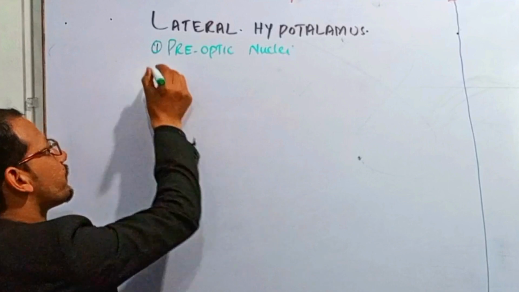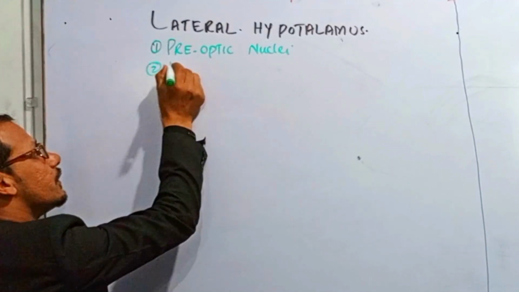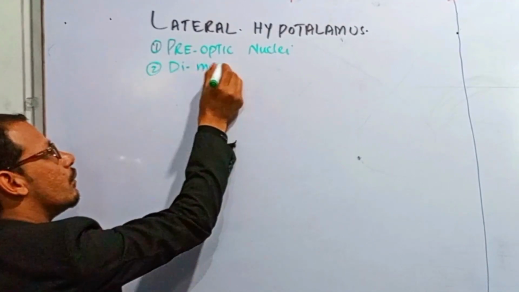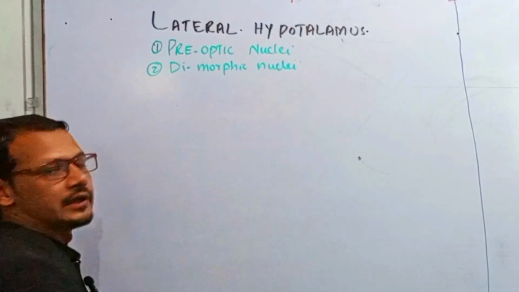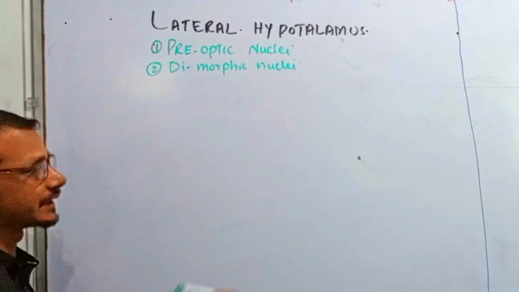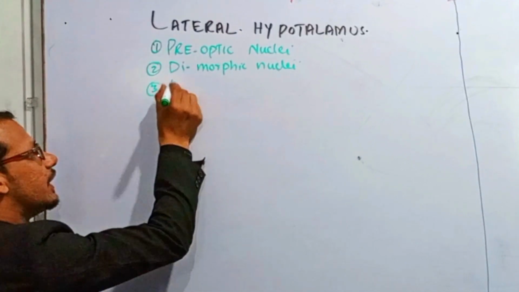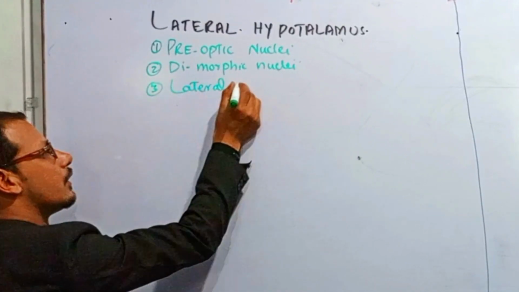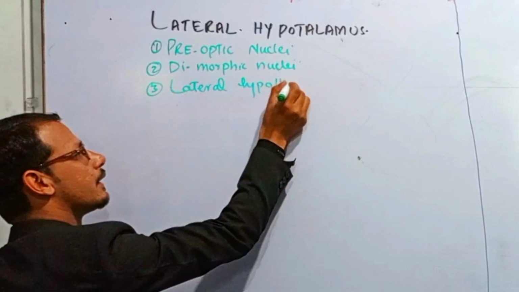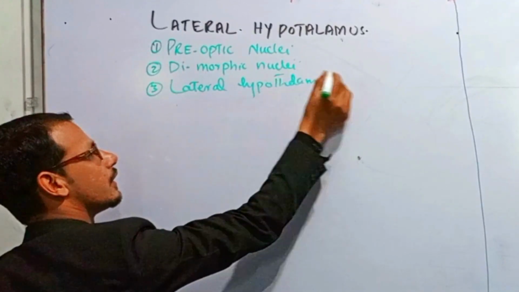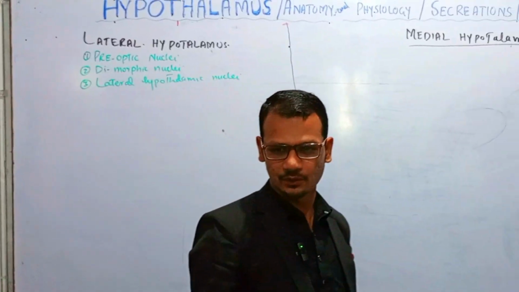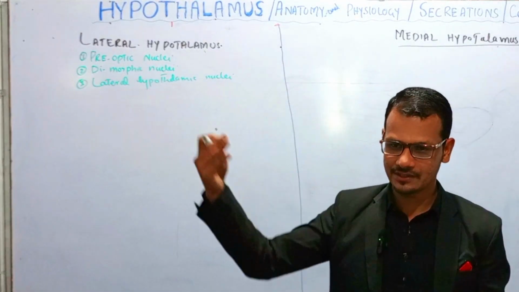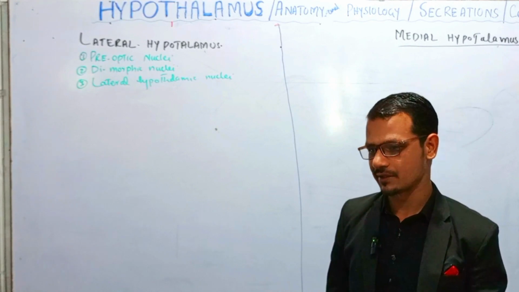The second thing, the dimorphic nuclei, right? And the third thing is the lateral hypothalamic nuclei, right? These three nuclei are present on the lateral side of the hypothalamus, right?